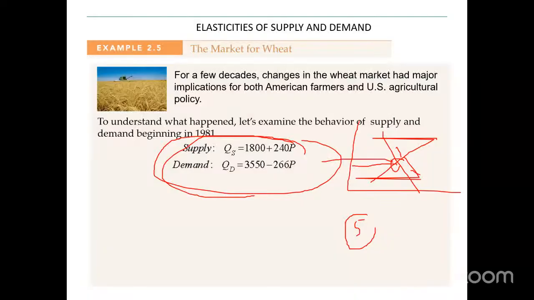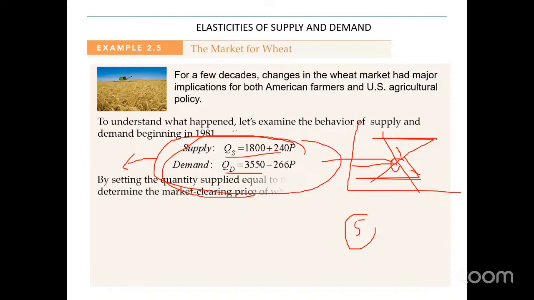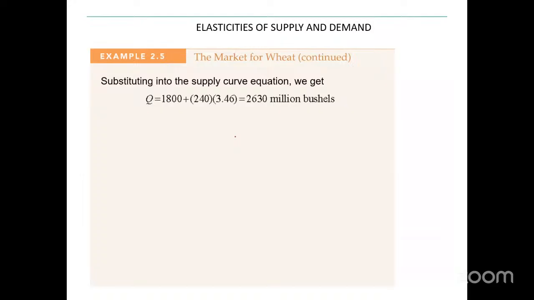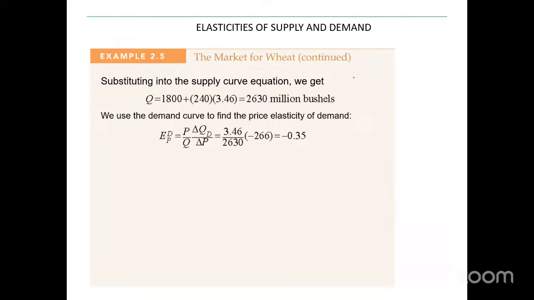Yeah, here, so the market price. What the USA government did: estimate the supply function and the demand function, and then find the market price. At the market price, which means $3.46, and quantity also, like the demand and the supply.